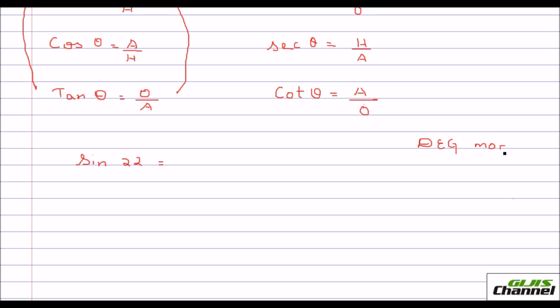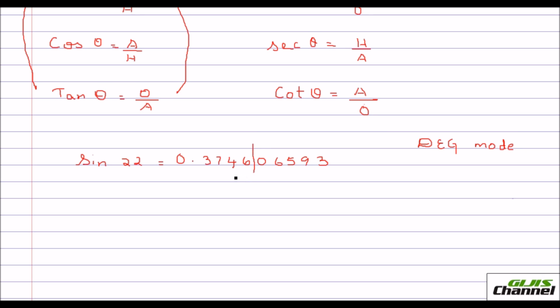Then press sine 22 and you would get the value 0.37460659 and so on. I told you you need only 4 numbers after the decimal point, so we need to stop the number right here.